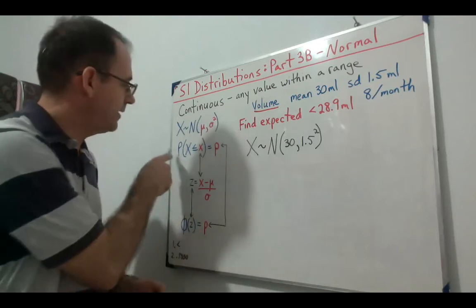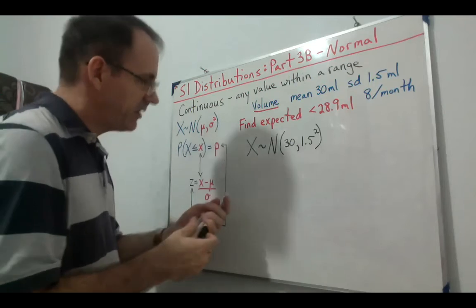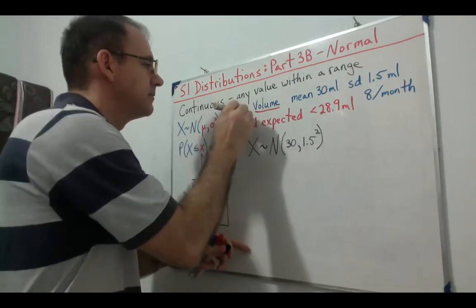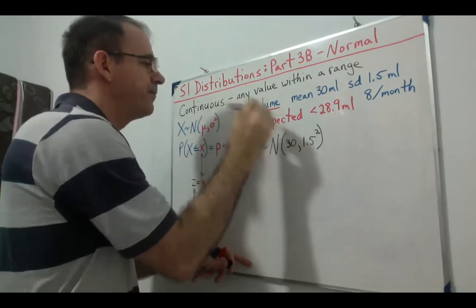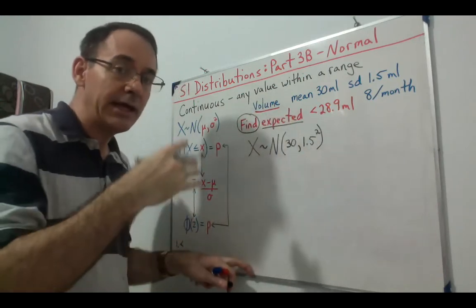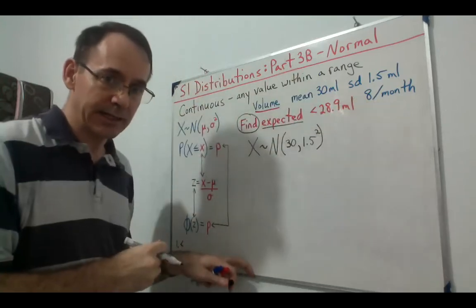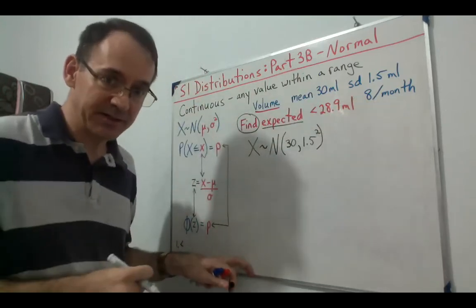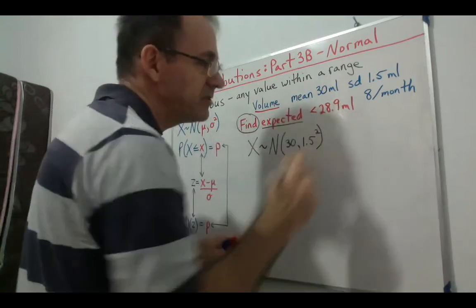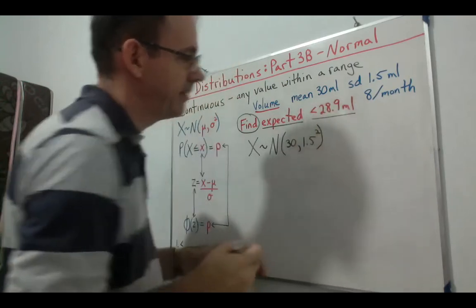Then we move on to the probability statement. Well, it says find the expected number, meaning we have to multiply the total by our probability to get the expected number. So where is our probability going to come from? It's going to come from this statement right here.